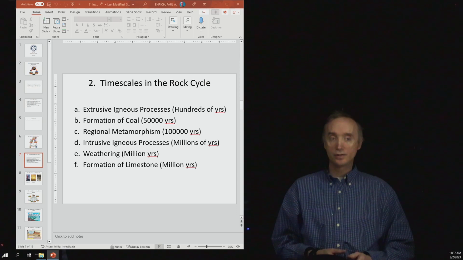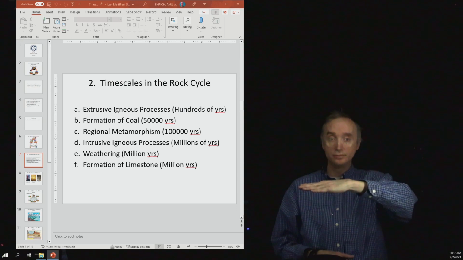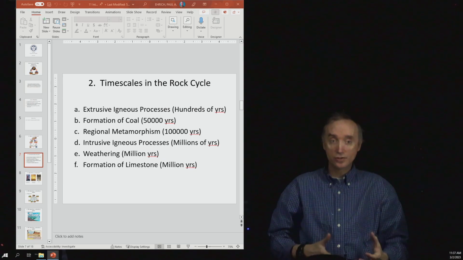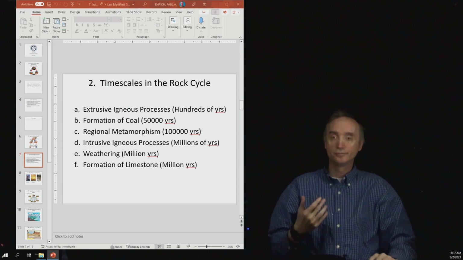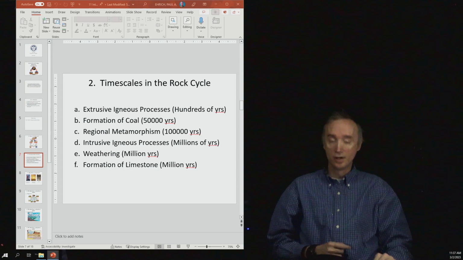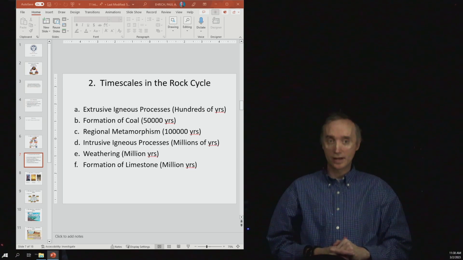So we said that in a swamp, a tree can fall, and then before it can decay, another tree can fall on it and cover it up, so that eventually it starts to decay without the presence of oxygen, so that all you're left with is the carbon that was inside of those plants. So how long does it take to go from a plant to coal? Well, it takes about 50,000 years for that to happen.